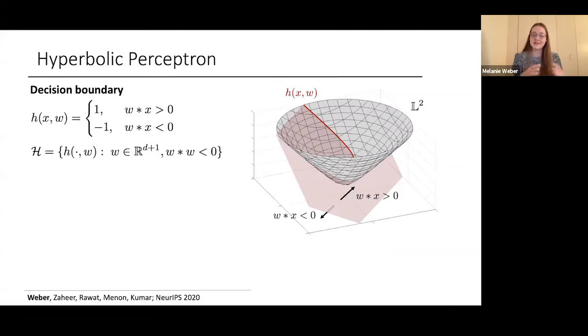So our first task for looking at that problem in hyperbolic space was to translate or generalize the perceptron algorithm to hyperbolic spaces. So in hyperbolic spaces, what we learn is schematically shown here on the right. We have in gray the hyperbolic manifold. This is a slightly different model than what we've seen earlier with the Poincare ball.